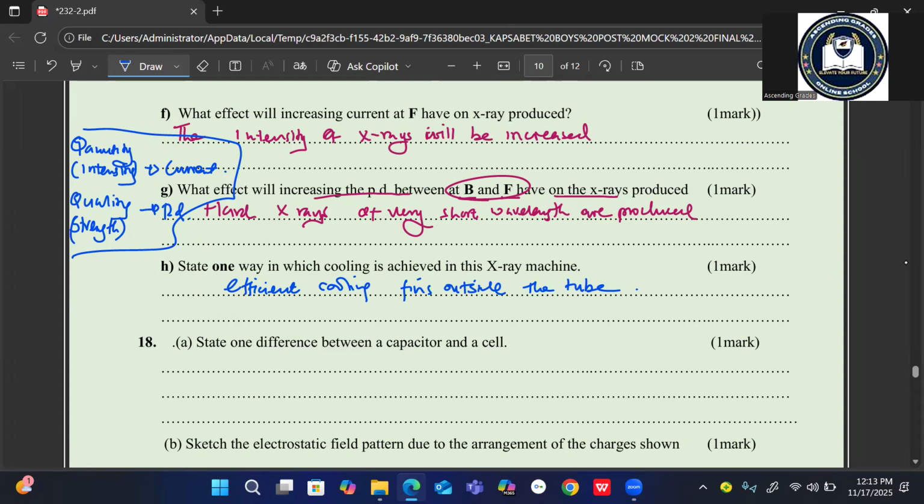Then we have circulating oil through the channels in the copper anodes.